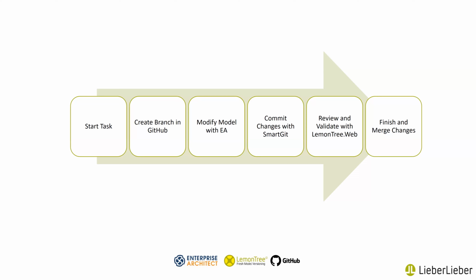So with this, we wanted to show some familiar features of LemonTree which have not really been changed, maybe improved a little bit to support the workflow of reviewing and diffing the model a bit more.